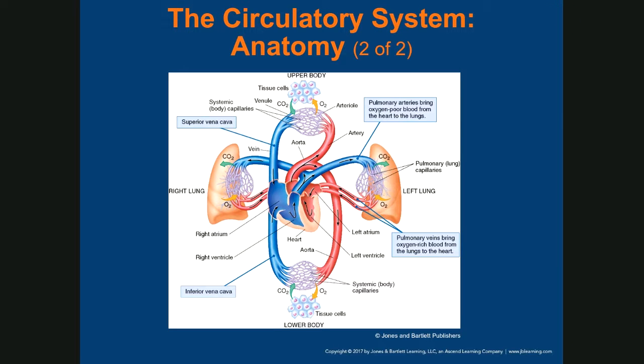All right, so let us go forward now. Let me zoom in. Now we are going to look directly at the heart. We have looked at the composition of the blood vessels; let's look at the heart.